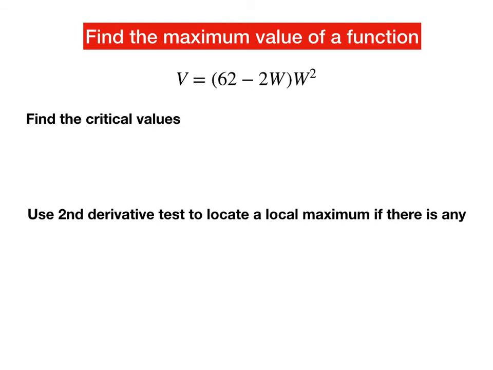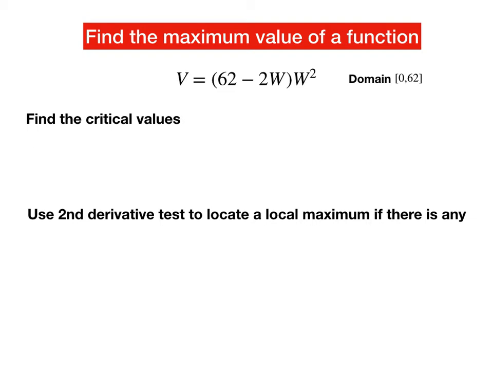So how do we find the maximum value of a function? Given this function V in terms of w, we come up with a domain. The domain should be between 0 and 62. Dimensions have to be non-negative values, and 62 is the sum of the height, the width, and the length.